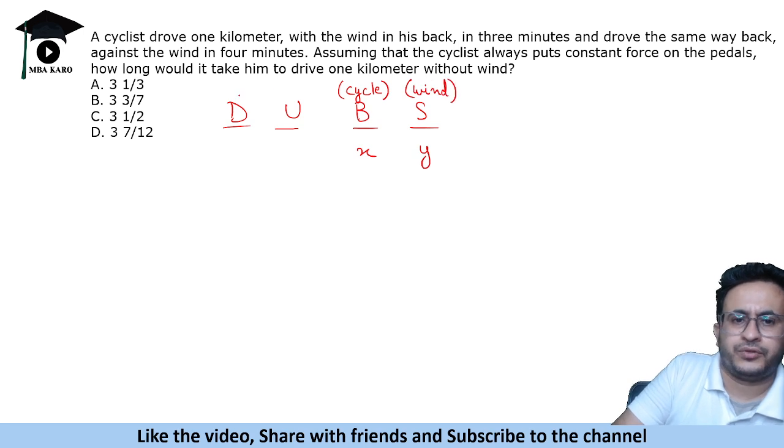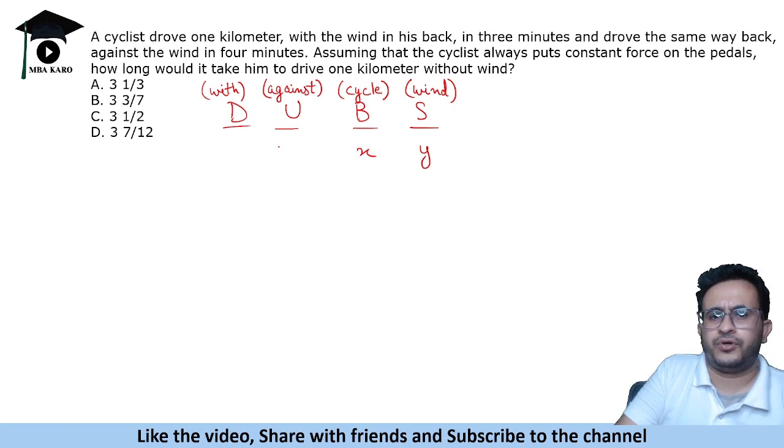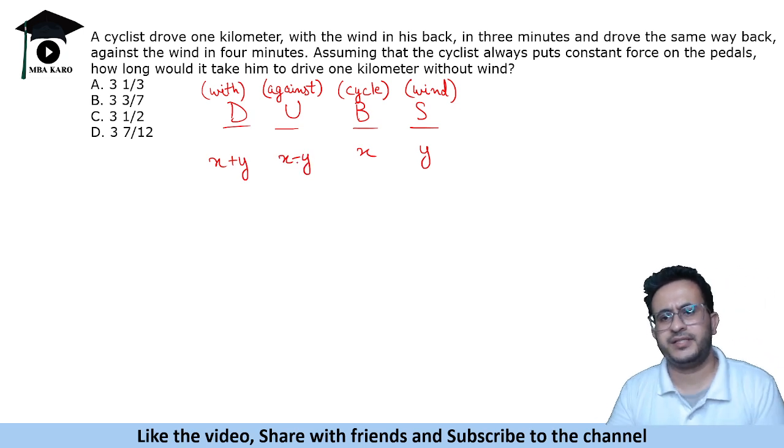Downstream means with the wind and upstream means against the wind. If you go with the wind, or downstream, the speed is the sum of these two. If you go against the wind, the speed is the difference.